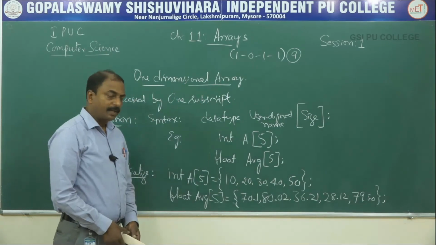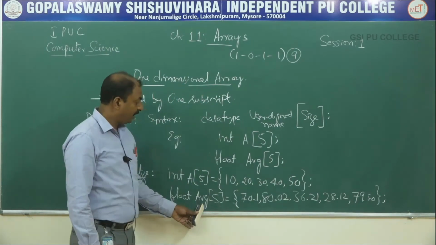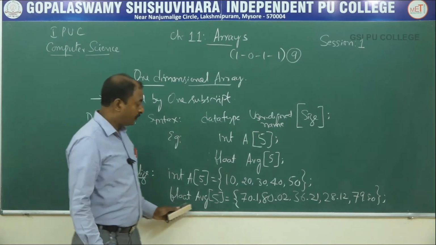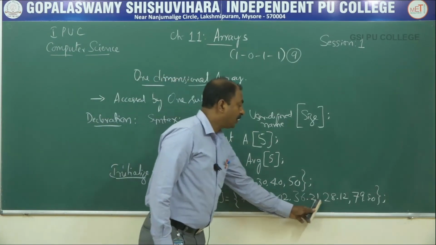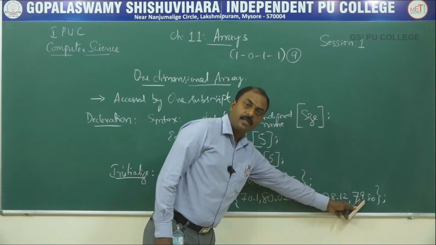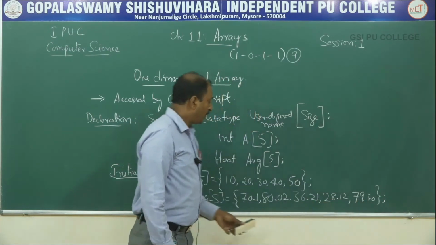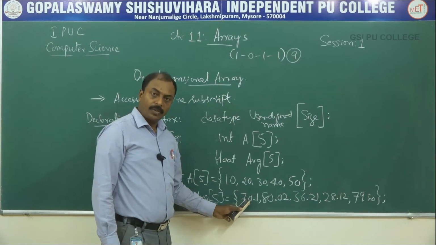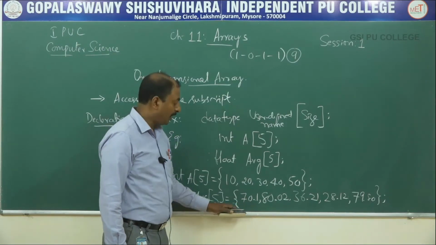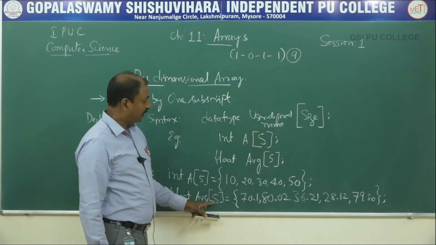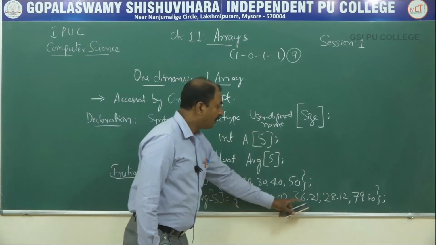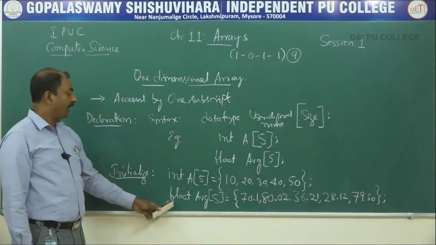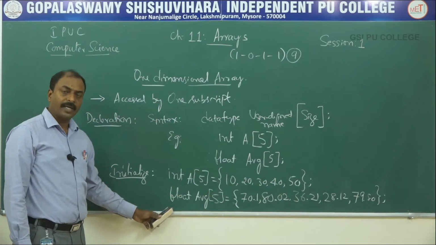If you look into this example, this is average, the data type is float, meaning it holds decimal values. So all the elements of the float data type, we are supposed to enter or initialize with decimal numbers only. And in this example, the size is 5, so there are 5 elements. This is how we initialize an array in programming.